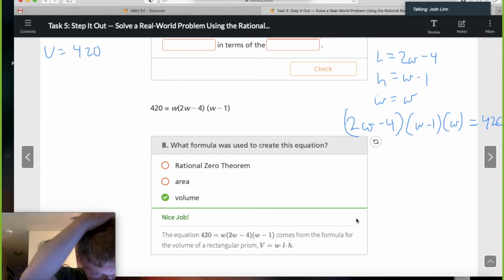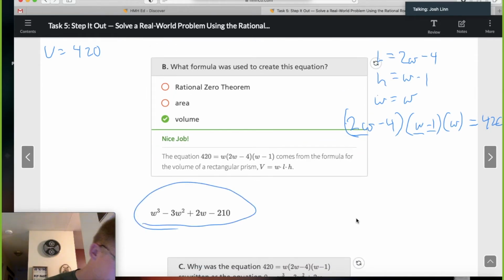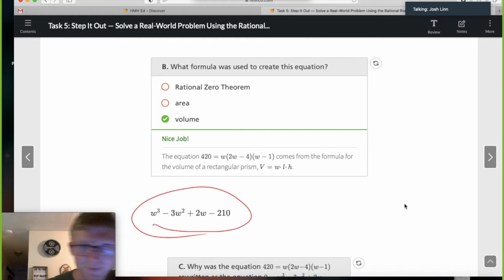So here we go. We're going to take this times this, then times that, and then, hey, look, this is what we got. So remember, we got to there by foiling all this out, and then we subtracted 420 from both sides, and we combined like terms. Right? Cool. So we'll just take that. Save you guys some time.